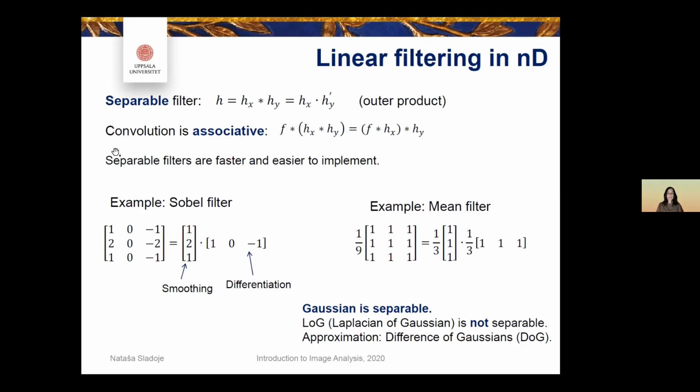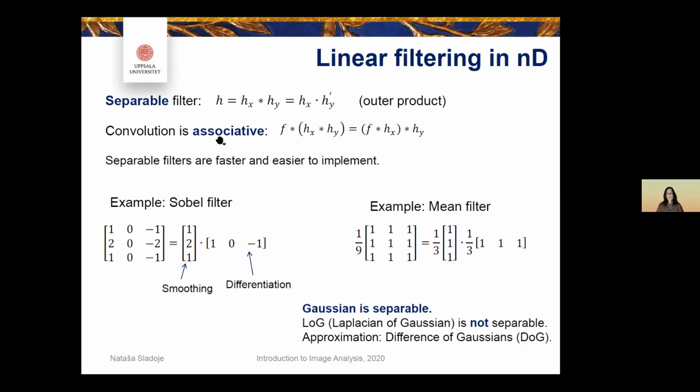And adding to this a nice property of convolution, that it is associative, we can say that if I want to convolve my function with a filter H, which happens to be separable and can be expressed as a product of two filters of a smaller, lower dimension, for example, this is a 2D image, I would apply 2D filter H, but I can actually express it as a product of two 1D filters.